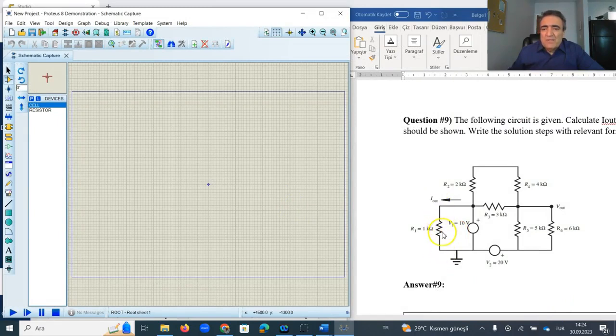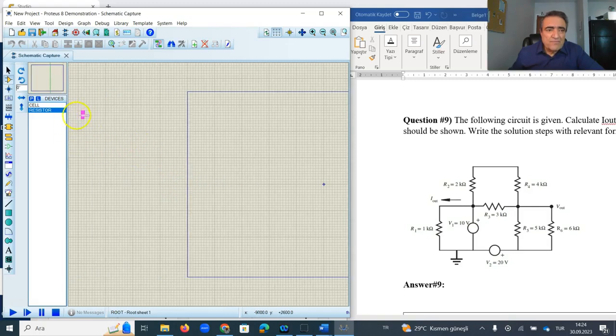First of all, we can begin with the left side of the figure, and we will select resistors, 6 resistors in total. Okay, resistor, and I am just clicking here. Okay, this is one resistor. Then second one, third one.